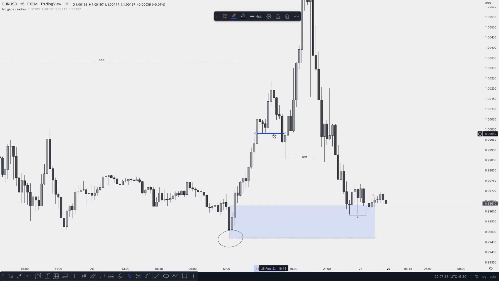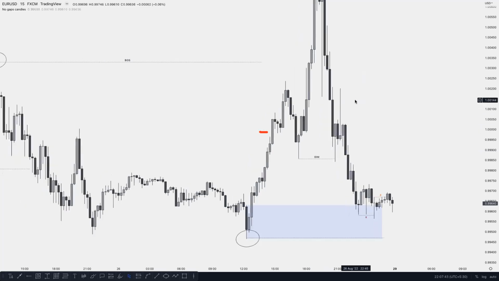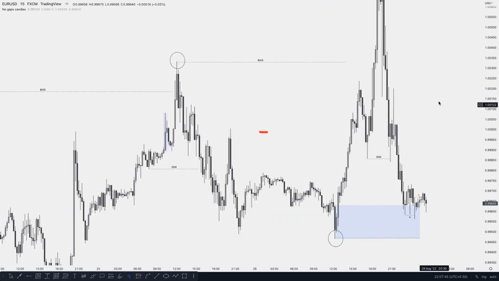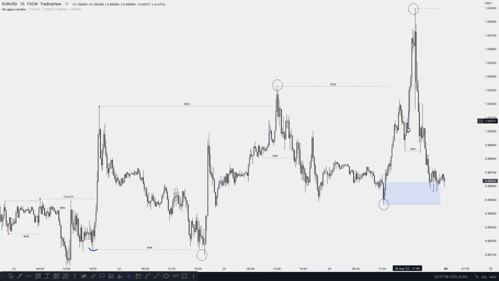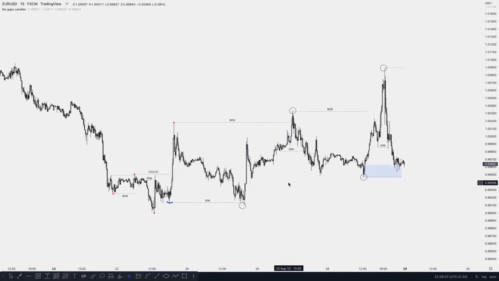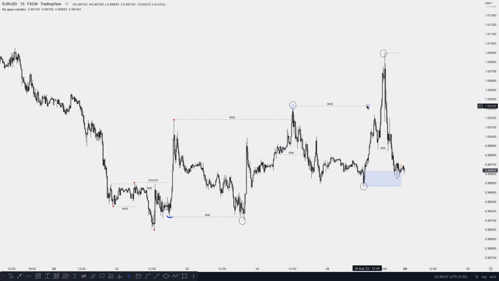Okay, so this one is not an inducement, actually. This one is an inducement for the counter trend, not for the pro trend. The counter trend to the downside. No, not the downside, not for the upside, because we are in a bullish market. The market broke the previous structure, and we are hoping the market breaks the structure here at least.